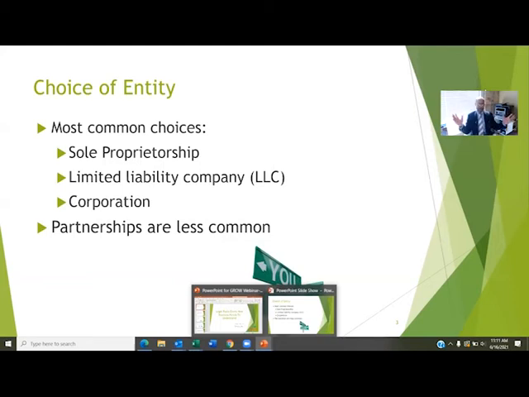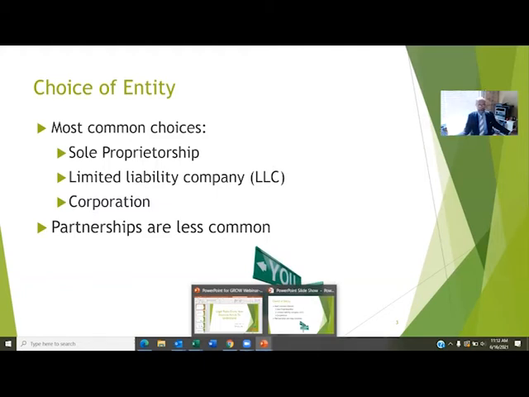And if you think about it, sole proprietorship, like I said, is you're one man, one woman holding themselves out, doing business, whatever that business may be. A limited liability company may be, now you have a storefront, you have a couple employees, you're a small business. A corporation, if you think about it in the grand scheme of things, those are your big companies, where things get a lot more complex.